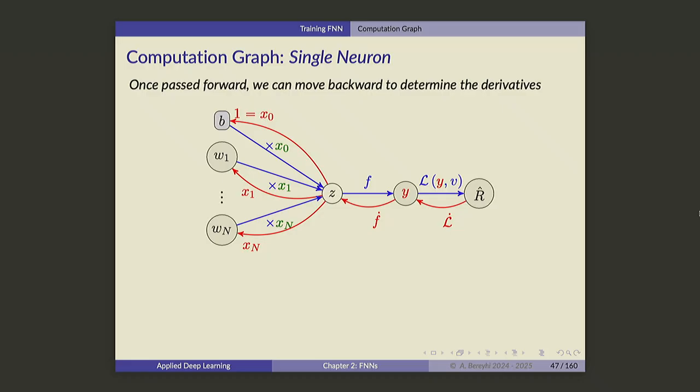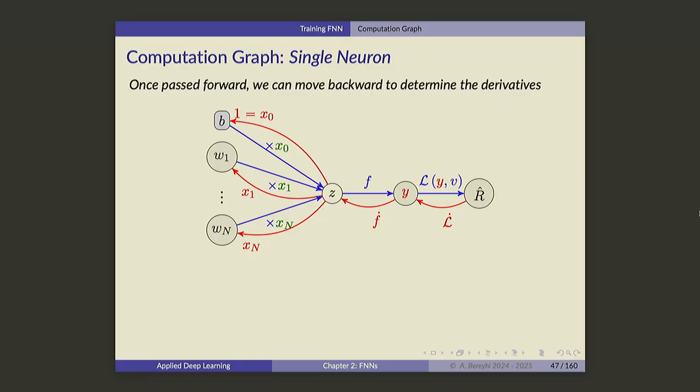Now, if I want to know the partial derivative of z with respect to one of the weights, say wi, what would it be? It's going to be xi. Because if I'm talking about w1, then everybody else is constant, so x1 is going to be the derivative.